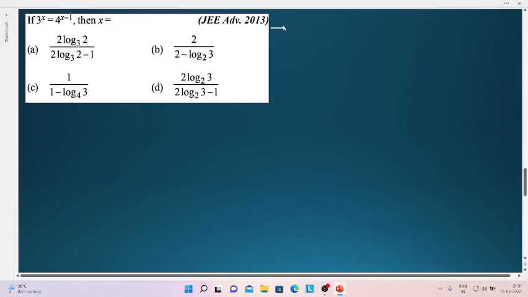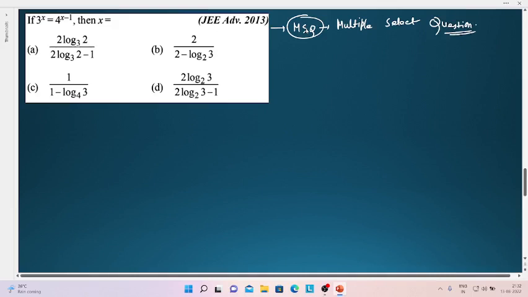Actually this is an MSQ type question, and I have already told you that MSQ means multiple select question, right? What does it mean, and what is the difference between MSQ and MCQ, multiple select question and multiple choice question?